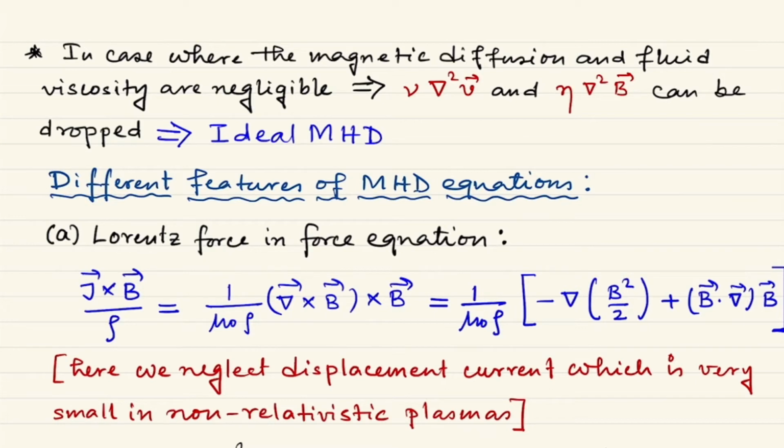And the good news is that in most cases of astrophysics and space physics, of course there are strong exceptions, a large number of phenomena can be explained just by using ideal MHD. Why, I will come to in some next discussion.